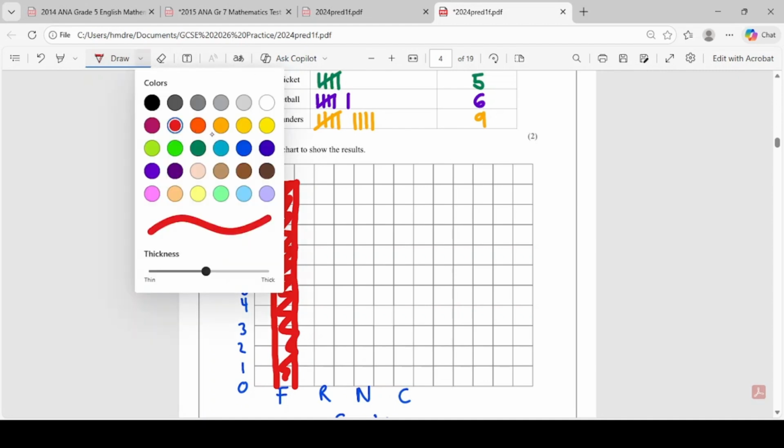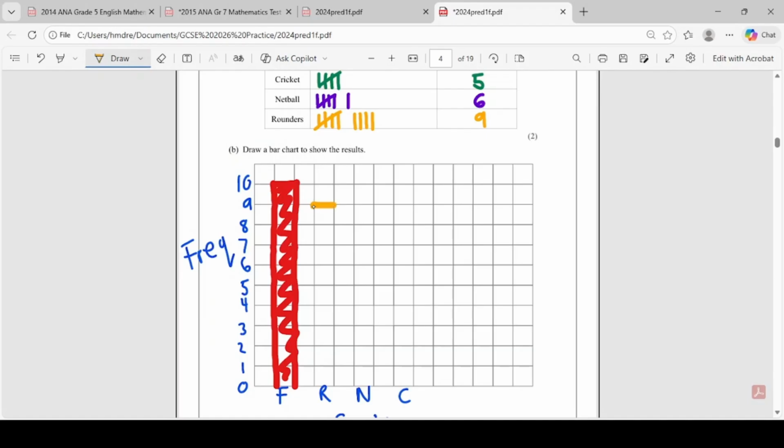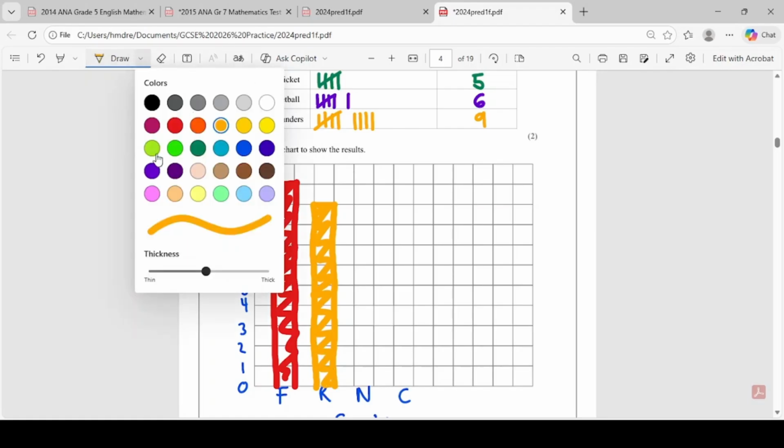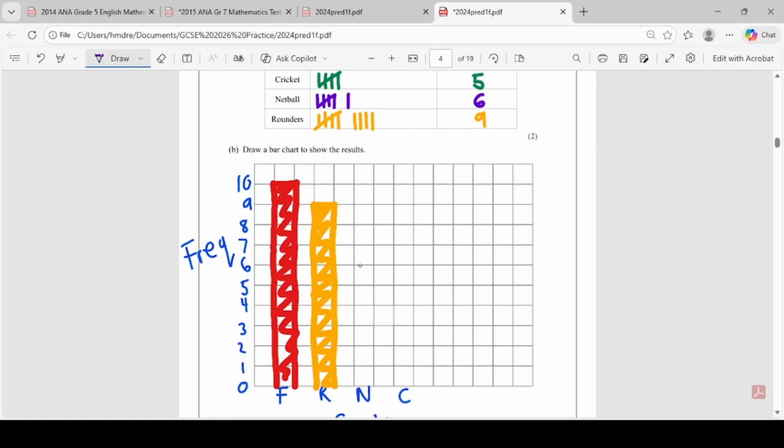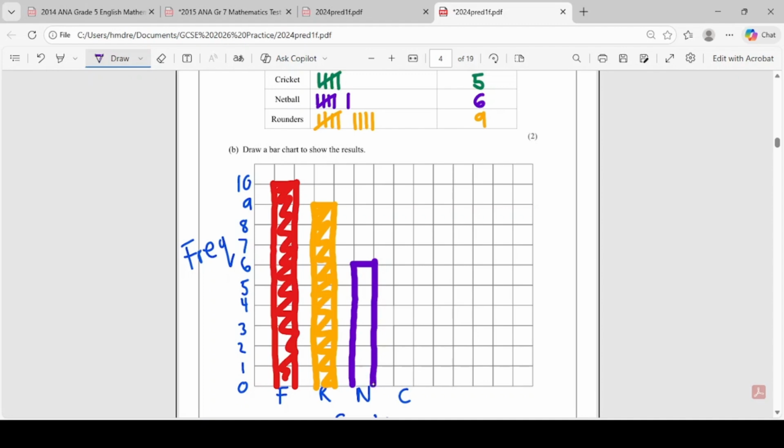Rounders, we had 9. Netball, 6. And cricket, 5.